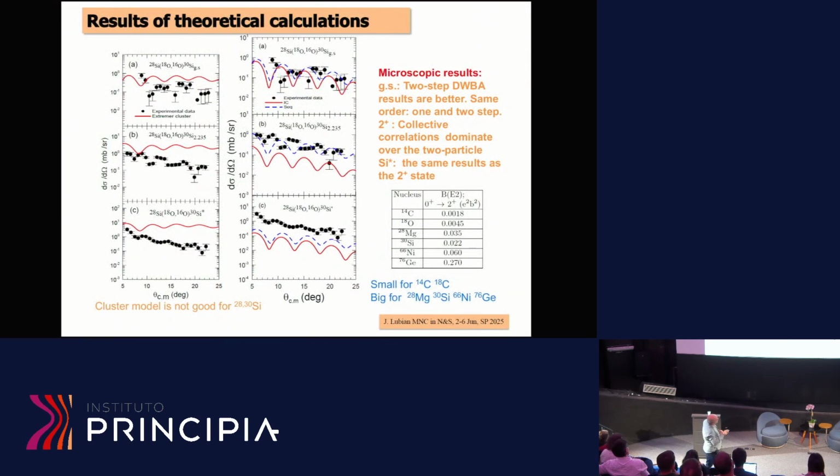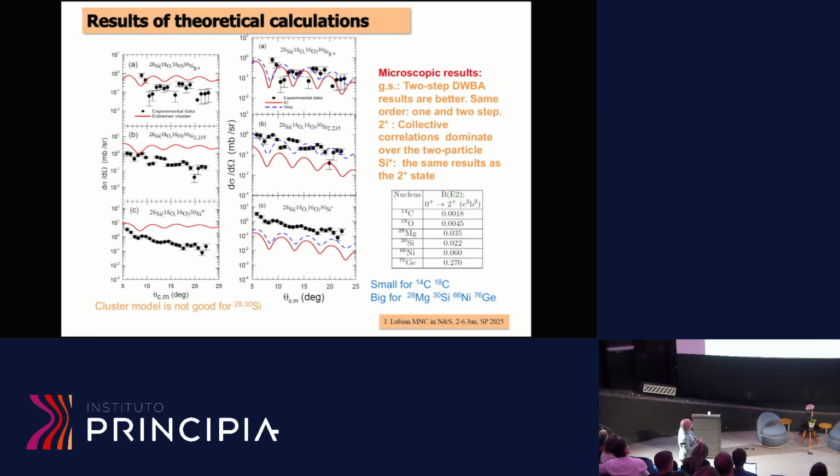So now I want to draw your attention to this table, where the B2 values are given for all the systems shown here and all that are available in the literature, and for which people did this same kind of calculation considering the direct and sequential transfer of two neutrons. And we see that in the case when the correlation is dominating, this B2 is very small.